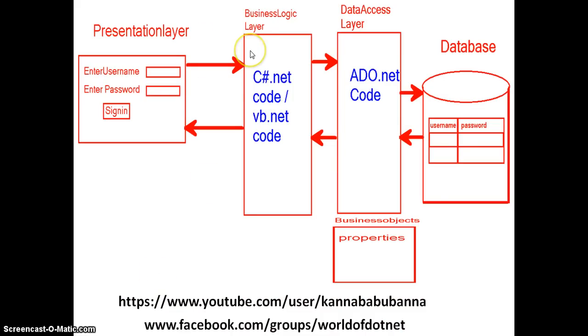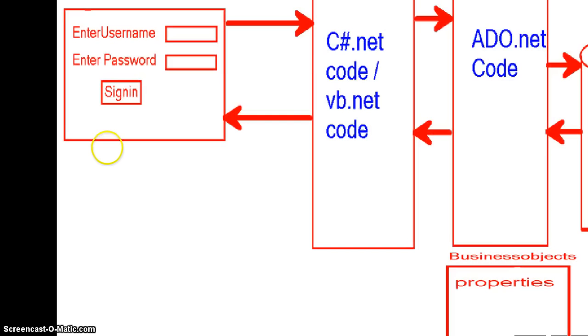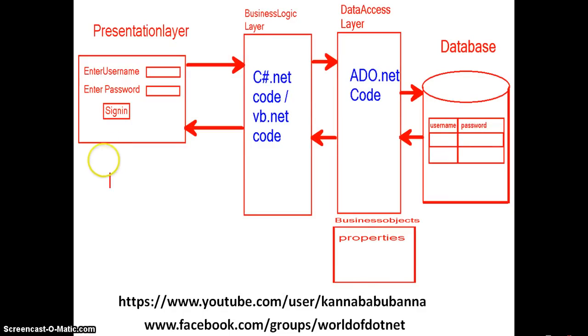let us assume that I have a login page. This is my presentation layer, that is nothing but your .aspx code will be available here. Let us assume this login.aspx is in the presentation layer, and this is a business logic layer where we will write the business logic code, and the data access layer is where we will write the ADO.NET code.